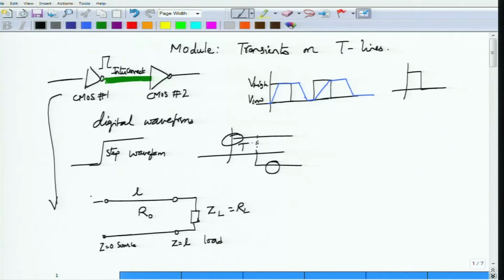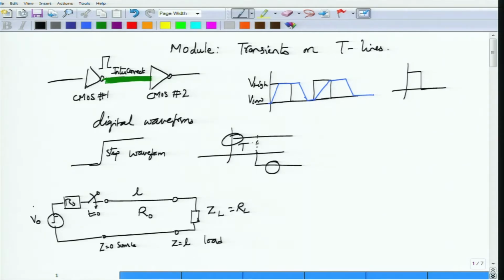Here let us assume that you have Rs, which is the internal resistance of the source, and the source itself is a step waveform having an amplitude of V0. Of course there is a switch which we will imagine connects after Rs. So there is Rs over here and then there is a switch. The switch is initially not connected; thereafter at time t equal to 0 the waveform is switched and then the circuit is complete.